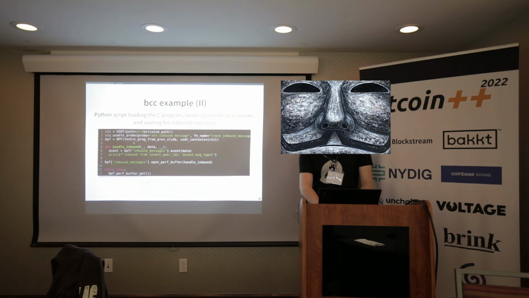and say, okay, each time this trace point is reached, we execute this function in eBPF, and then we attach to the map that we send the data into another function which we call handle inbound here. Each time something is being sent in Bitcoin Core, we call this function in Python and have all the data that is being sent.